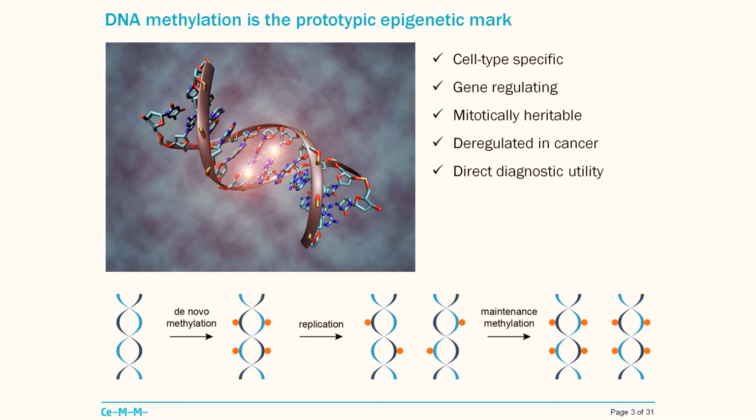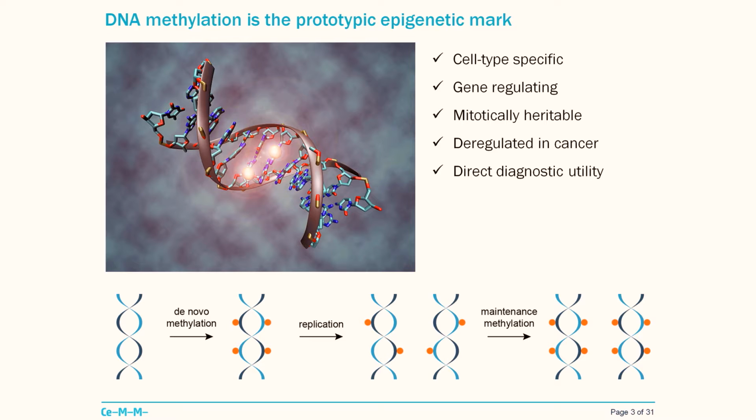It has this very nice aspect of mitotic heritability, where the mechanism is actually understood. During cell division, the DNA is separated into 2 strands, the new strand is synthesized de novo without DNA methylation, and then the maintenance DNA methyltransferases copy the DNA methylation from one strand to the other.